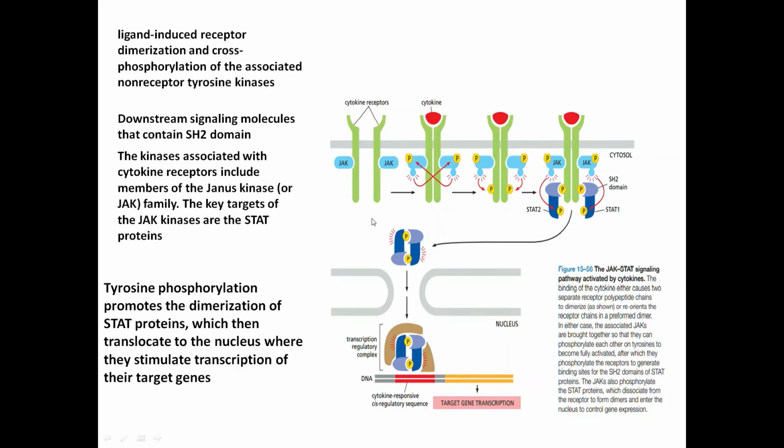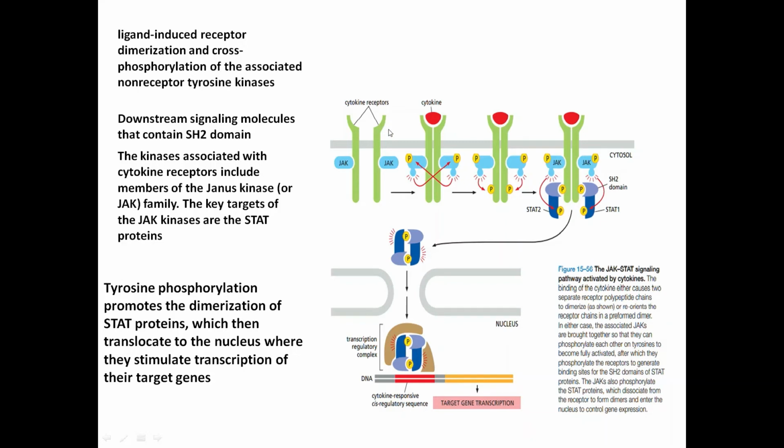So let me brush up once again. The receptor is known as cytokine receptor because we are taking cytokine as the signaling molecule here. So before the signal is bound, the receptor is not dimerized.